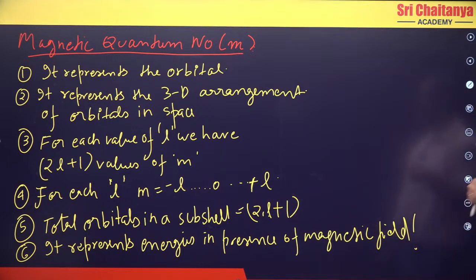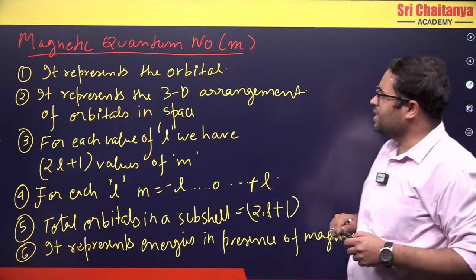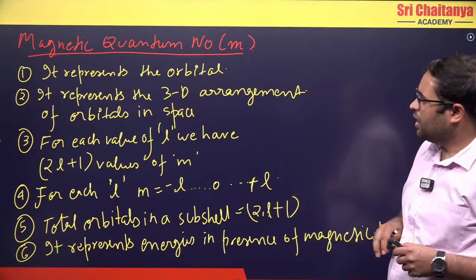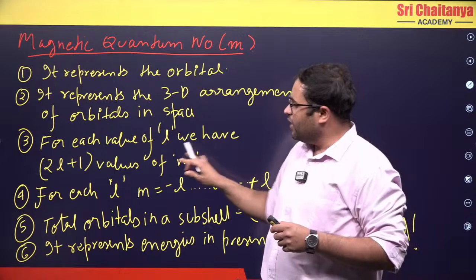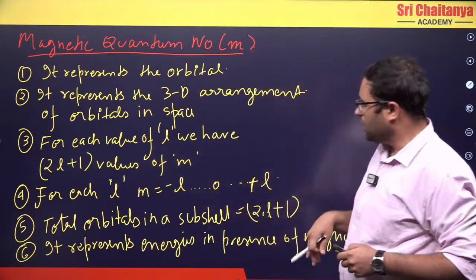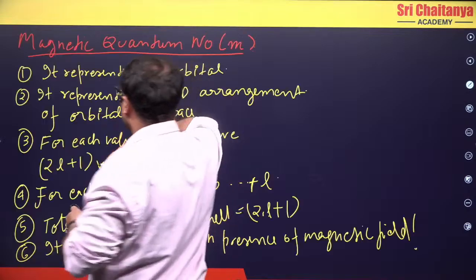Right? Let us understand. So it represents orbital. It represents three-dimensional arrangement of orbitals in space. For each value of L, we have 2L plus 1 values of M for each L. Right? Let us get a feel of it.